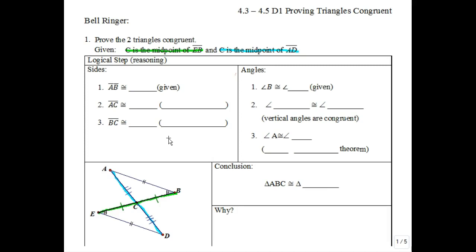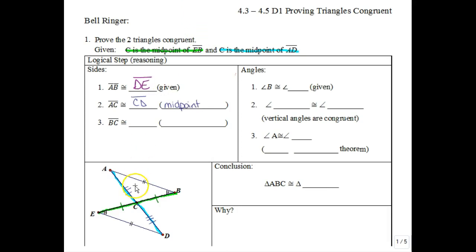So when it's time to take a look at my logical steps and reasoning for the sides, it is given that AB is congruent to ED, and also we figured out that CD is congruent to AC, and the reason for that stemmed from the fact we had a midpoint.